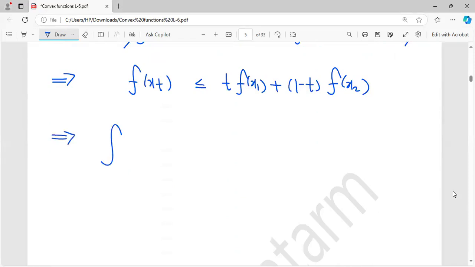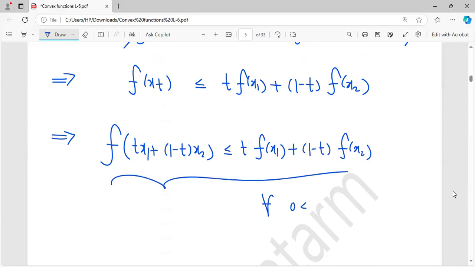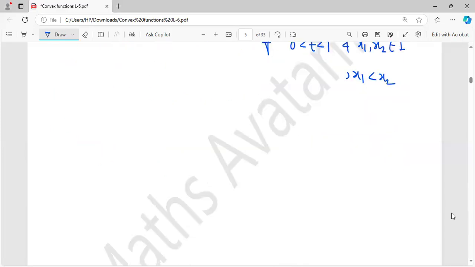So this implies f(t x1 + (1 - t) x2) is less than t f(x1) plus (1 - t) f(x2), for all t and x1, x2 belonging to I, x1 less than x2. What is the meaning of this? The meaning is that f is convex on I.